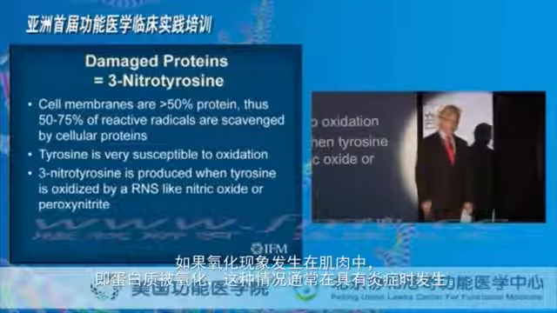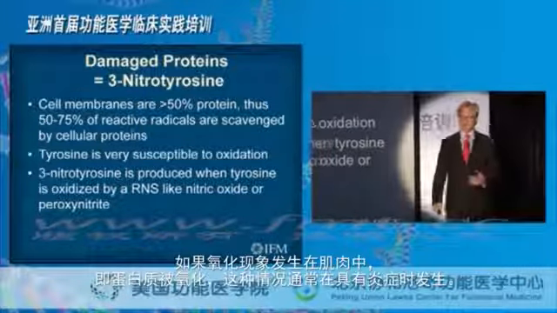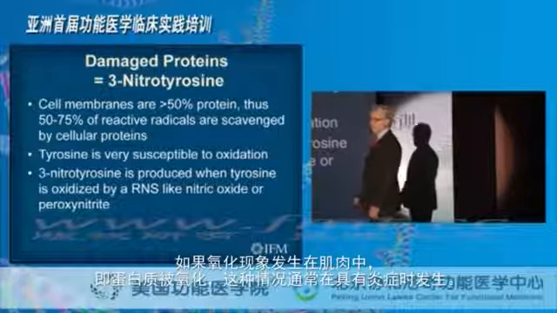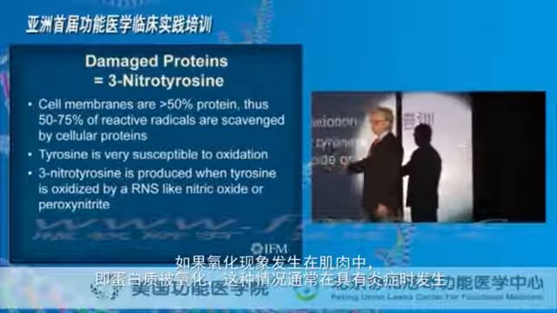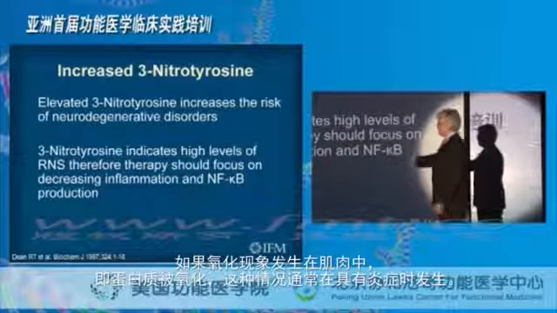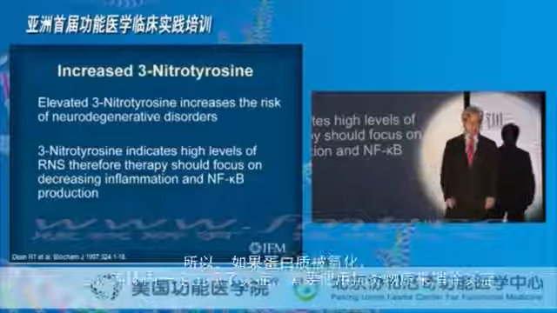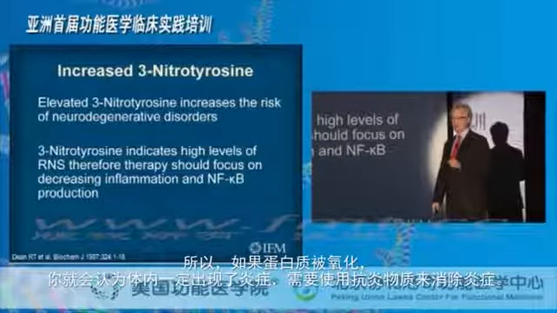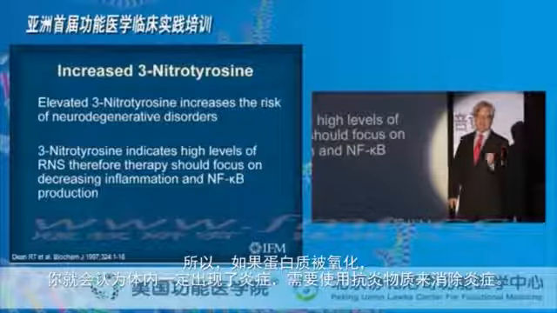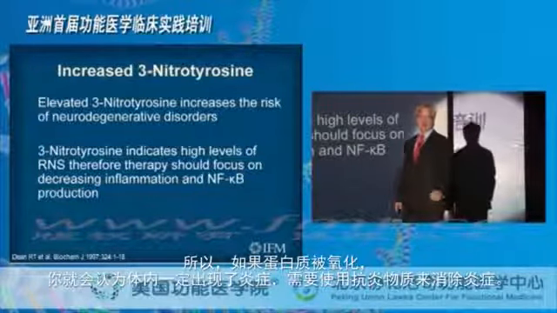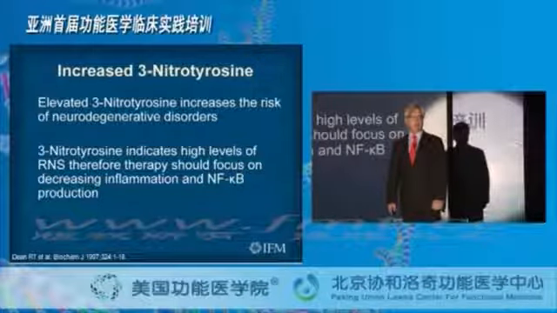Now, if you have oxidation of your muscle, of your protein, that usually happens at a time when there is inflammation going on. So if there is oxidation of the protein, then you say, oh, there must be inflammation going on. I need to use anti-inflammatories to help with that.